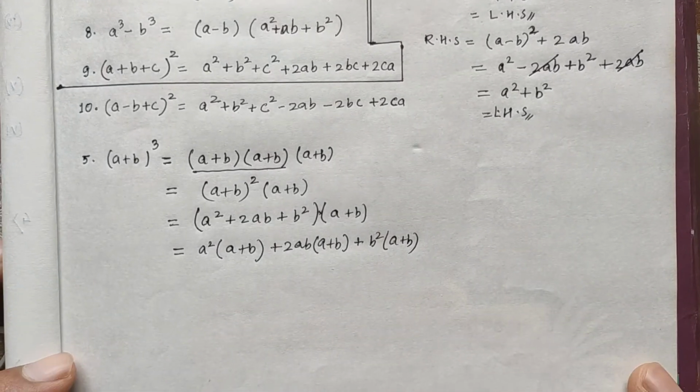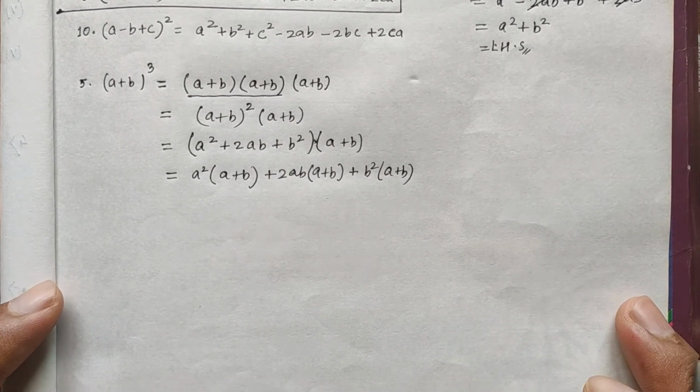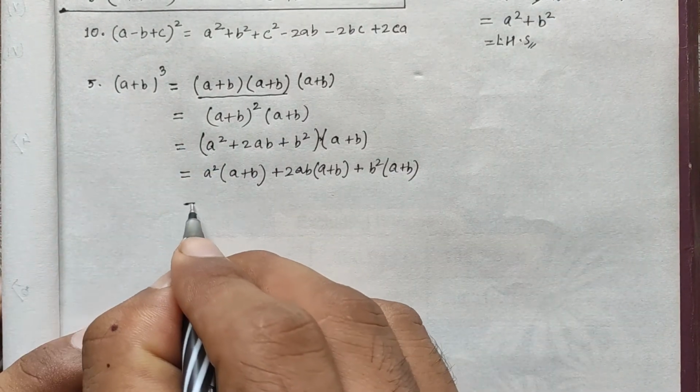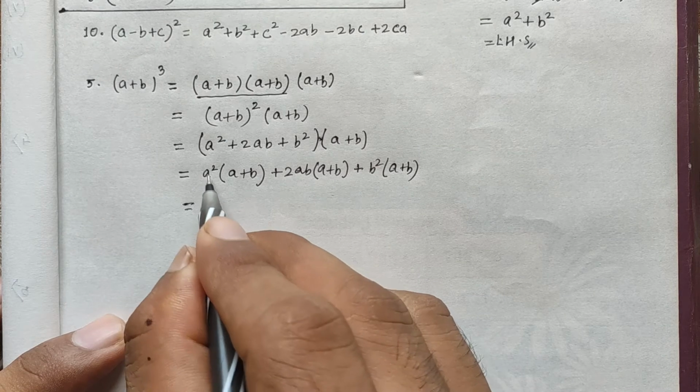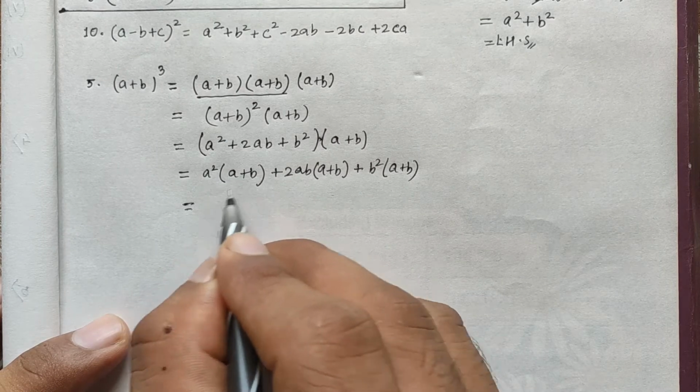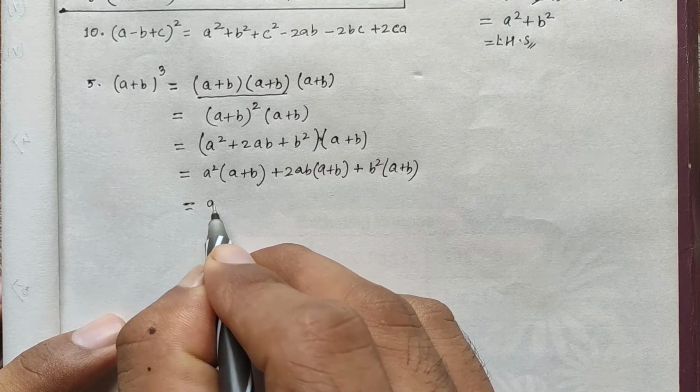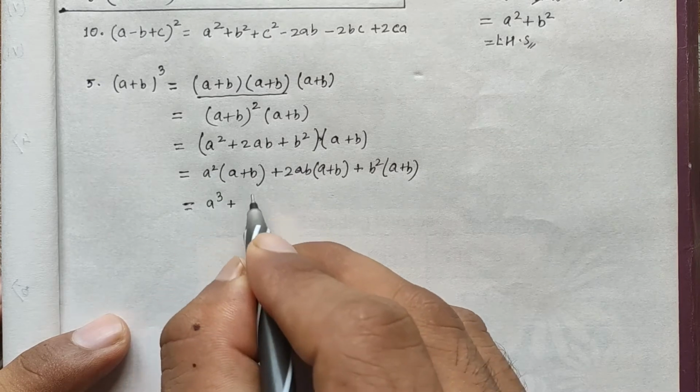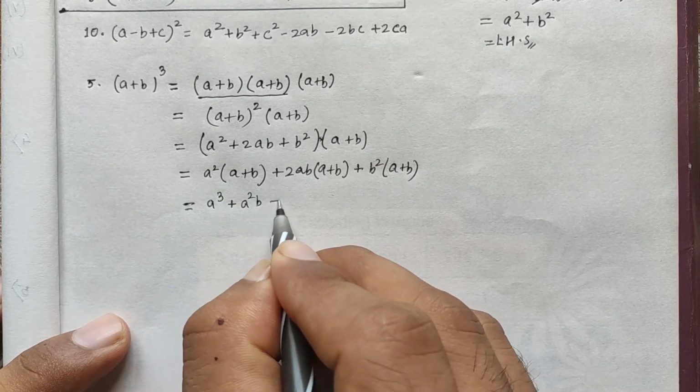Okay, so now what we can do? A square times a, now open the bracket, a square times a is a cube, plus a square times b is a square b.